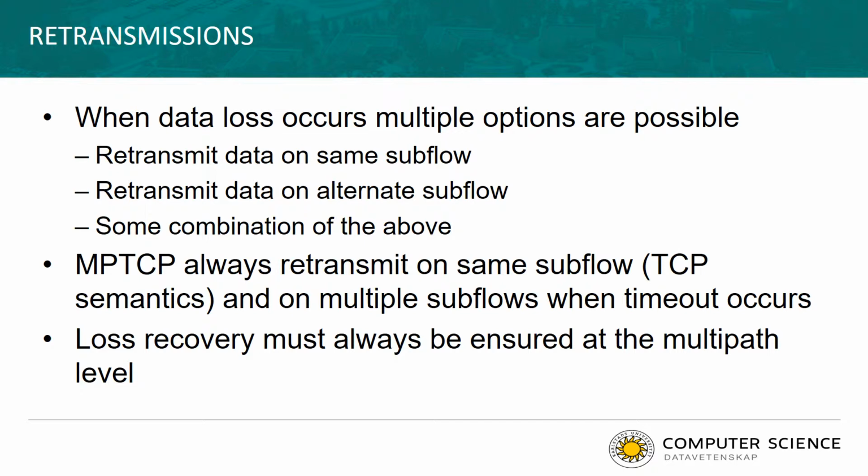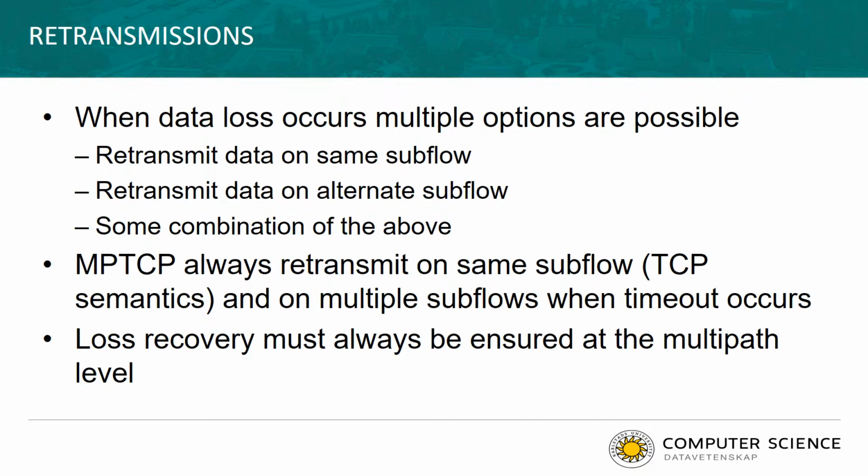And this is again tied to the TCP semantics. TCP is a reliable byte stream, so as we are using TCP connections as our underlying subflows, we have to retransmit our data on the original subflow in order for TCP to make progress.